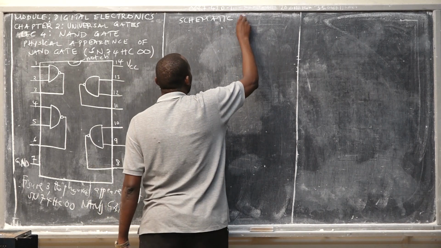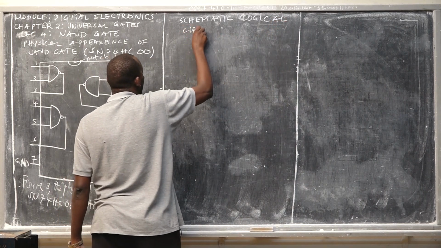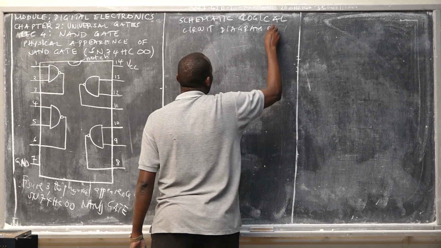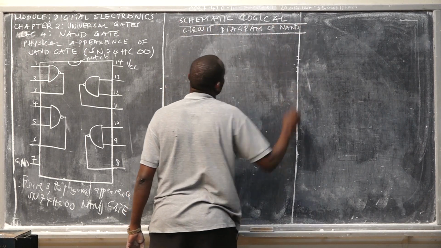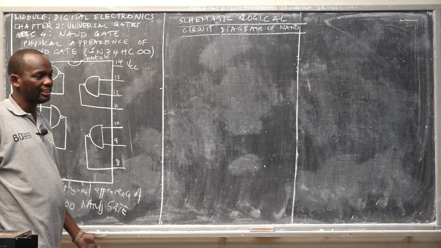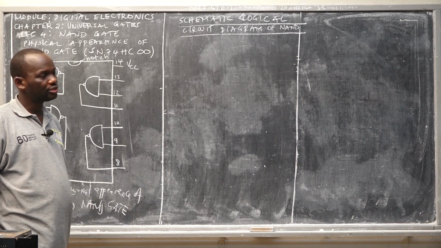Now let us focus on the schematic logical circuit diagram of the NAND gate. Remember the general block diagram: we have the power supply, the inputs to the NAND gate, and the NAND gate itself as the control unit, and the output unit where we'll be using just the light indicator, the status indicator, which is going to use light emitting diodes.